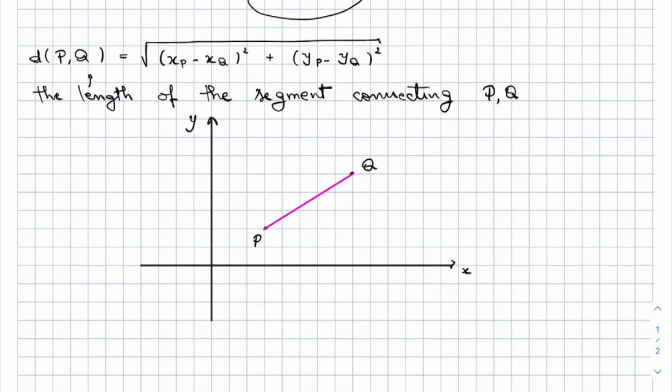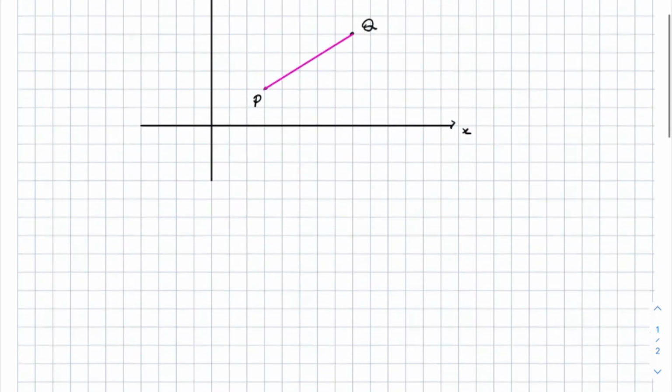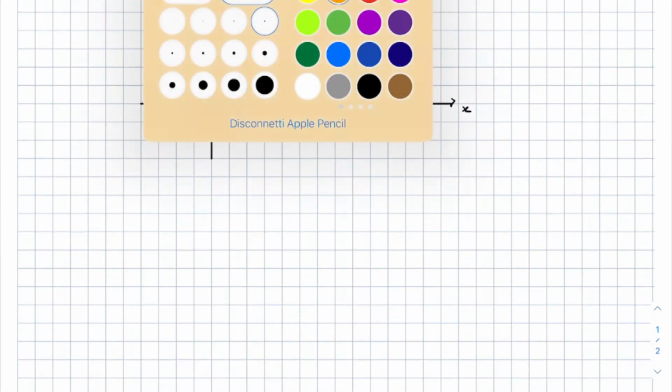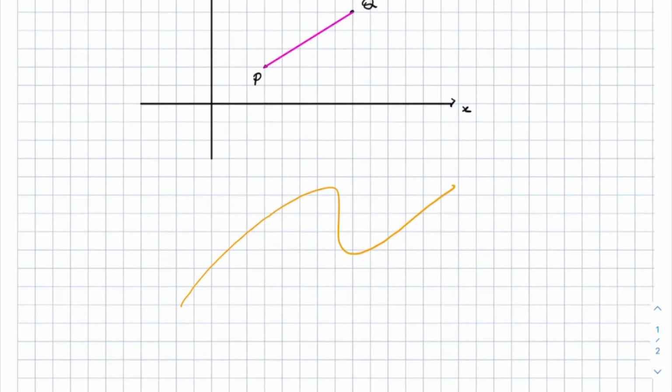So let's try to work out the correct definition of the length of curves in the plane with this distance, and then we will generalize it to other metrics as well. So we draw a curve starting with a point P and ending with a point Q. We want to measure the length of this curve, and we already know that the length of a segment is given by the distance between the endpoints.